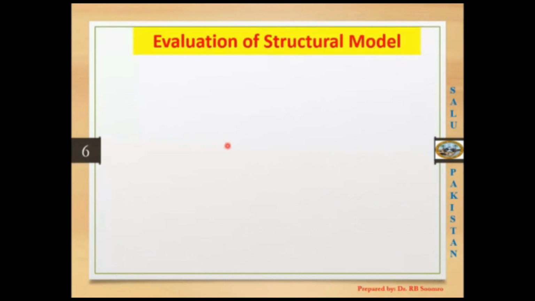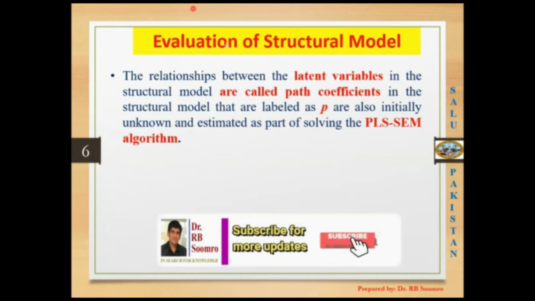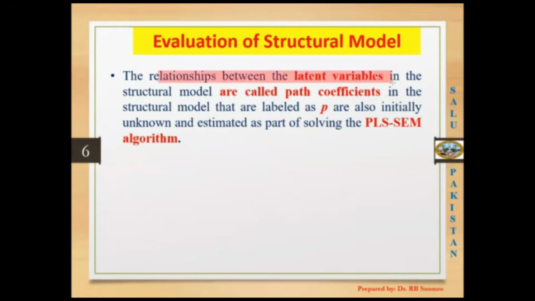When we talk about the evaluation of the model, what do we mean? The first one is that we are going to evaluate the relationships among the different latent variables in the structural model with the help of path coefficients.